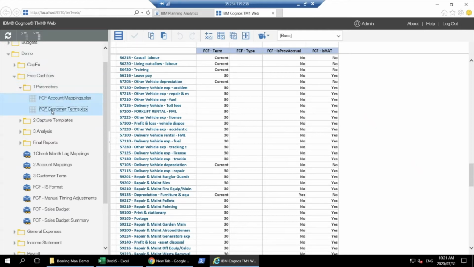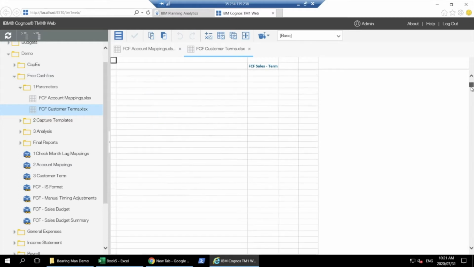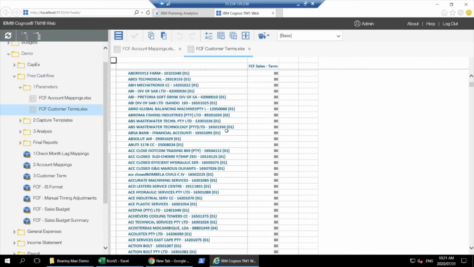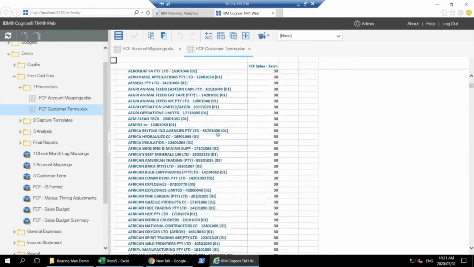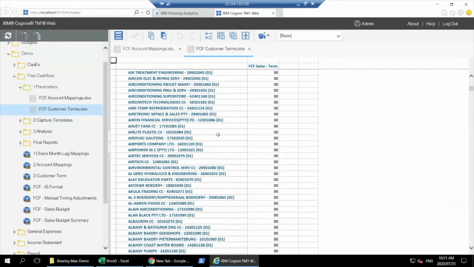The other key driver of everything in your business, but cash flow as well, is your revenue budget. So what we can do over here is start playing around with the terms for all of our customers. Optimistically, at the start of the year, we did our cash flow forecasts based on a 30-day payment period.